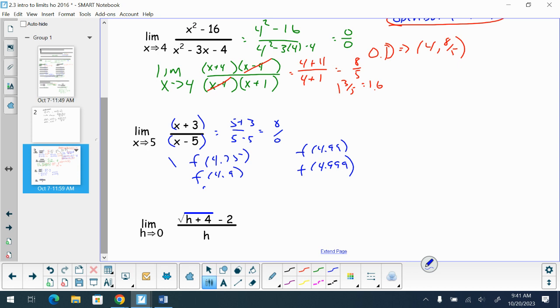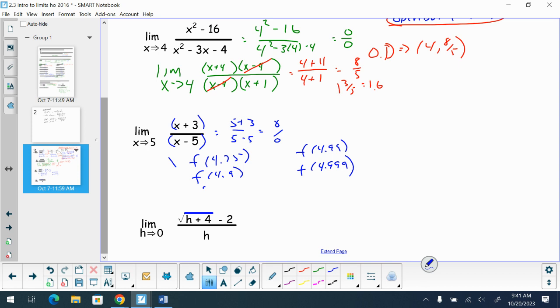And it's approached the value of 5 at 4.9, 4.99, 4.999, 4.9999.